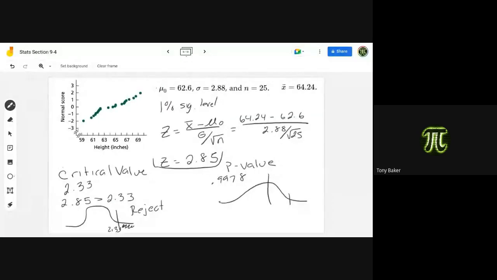So if we go back to my thing, I was looking for the 0.99 and 0.9978 over here. So I also reject. So you can see how the two methods are basically the same process. They should come up to be the exact same response. If they don't, then you've done something wrong.